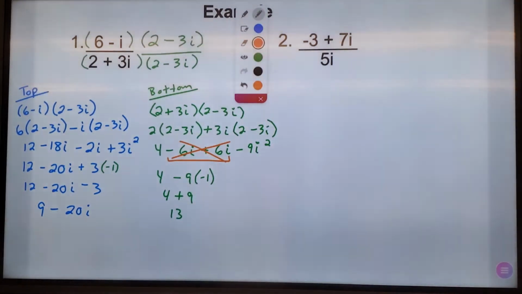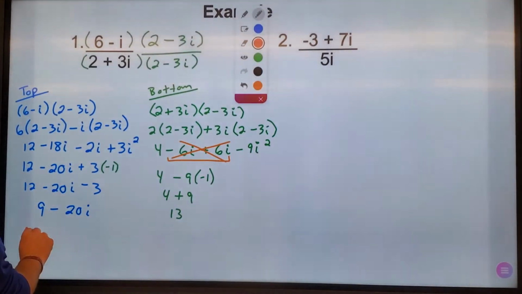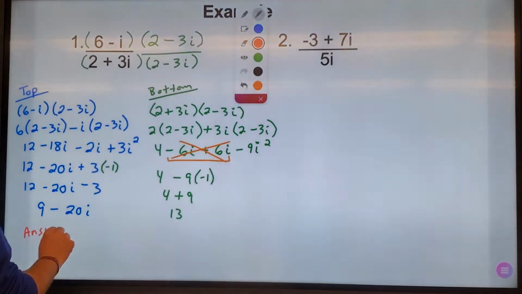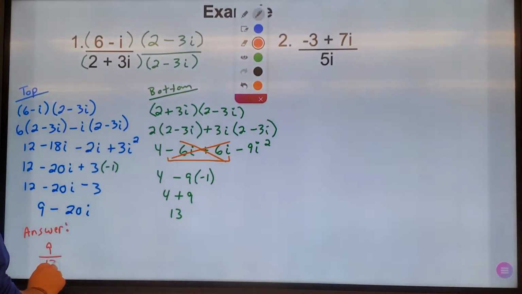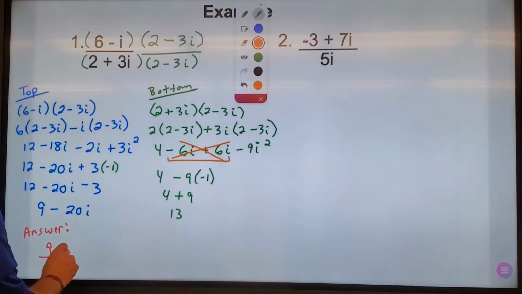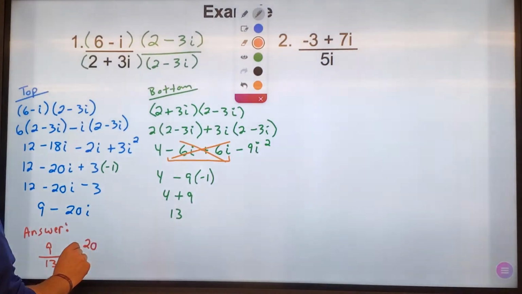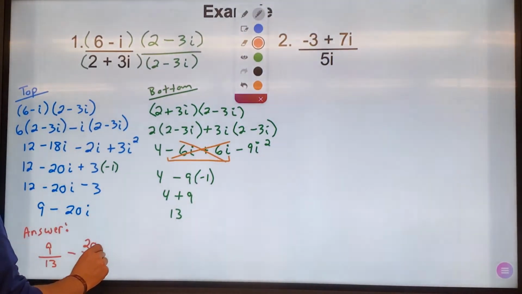Okay, and then to finish this up, we're going to take each part of the top and then divide that by the bottom. So I have 9 over that 13. We're going to simplify that if possible, but we can't reduce that here. Minus, and then I'm going to just take the 20 and then put it over the 13.